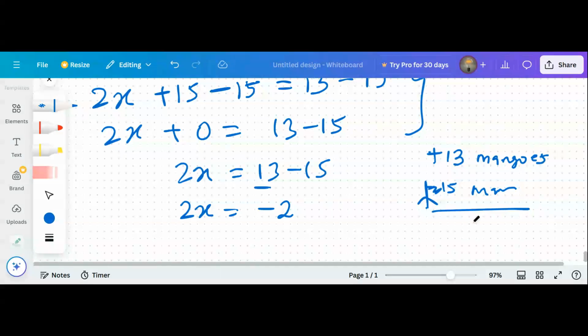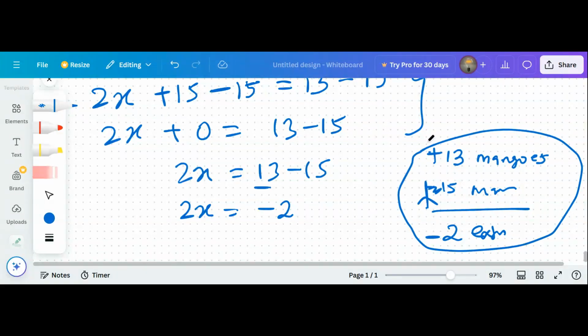So you have to give two extra mangoes to a person. If we are going to give, it means minus. Plus means someone needs to give you, minus means you need to give. So you need to give two mangoes extra.